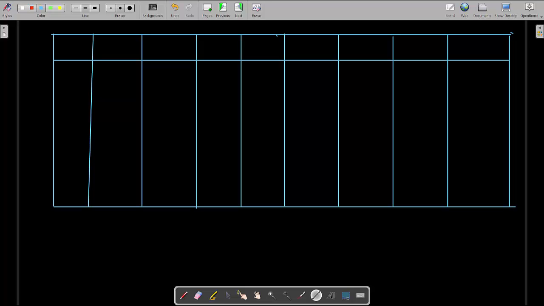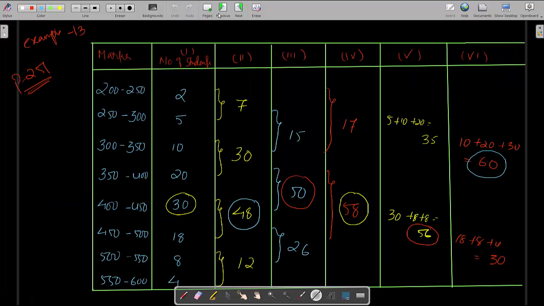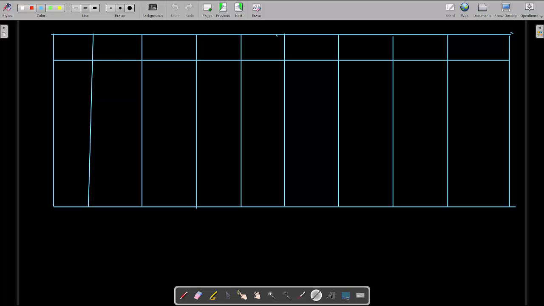It will depend on the number of class intervals that you got. If we go back to the question, we have 1, 2, 3, 4, 5, 6, 7, 8. So we have to make 8 columns for all this, plus 1 to write down the column numbers.